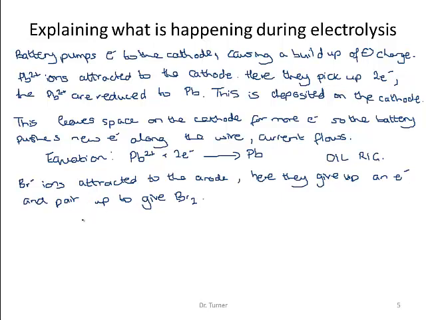The equation for this is Br- giving Br2 plus electrons. We need to balance: 2Br- gives Br2 plus 2 electrons. That's the most correct way of writing that, although you can show subtraction of electrons if you wish. So again, Br- is oxidized.